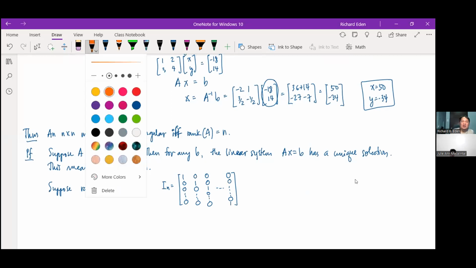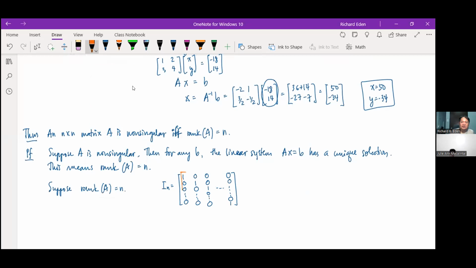I'm going to call this column vector E sub 1, this column vector E sub 2, and this would be E sub 3.